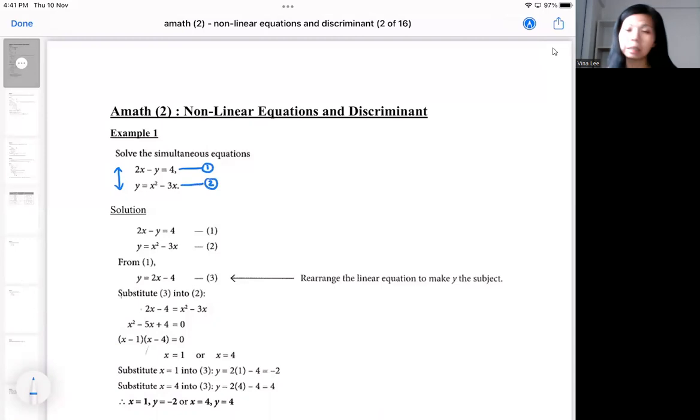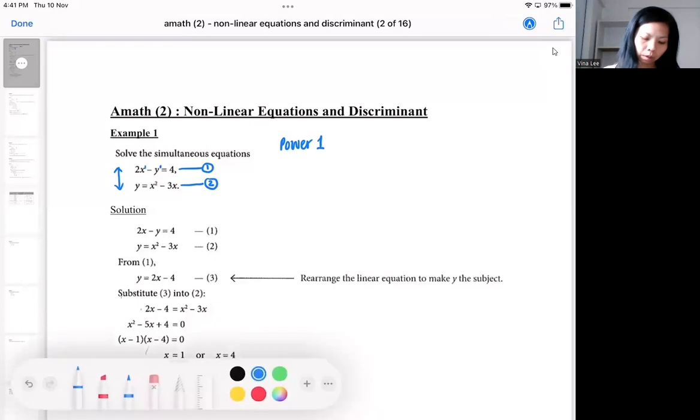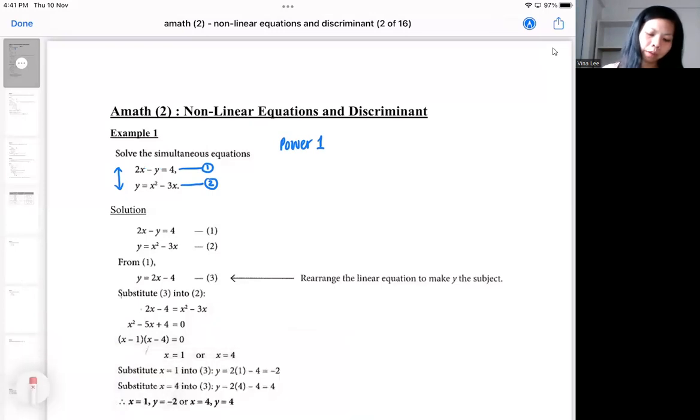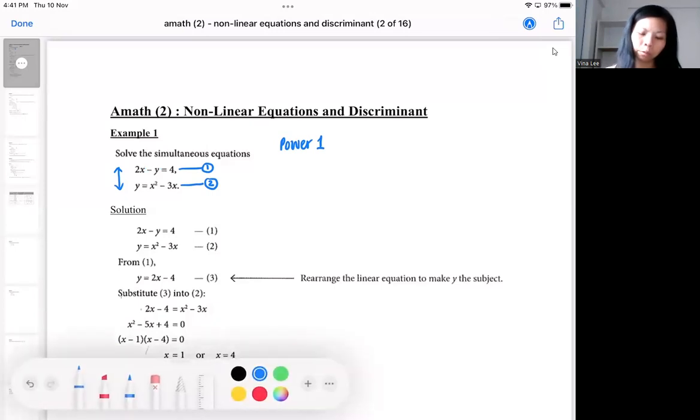So which is the one that is linear? If you observe the power of x and y, if both are power 1, that will be a linear equation. If you observe any algebra with power 2 and above, that is considered non-linear.